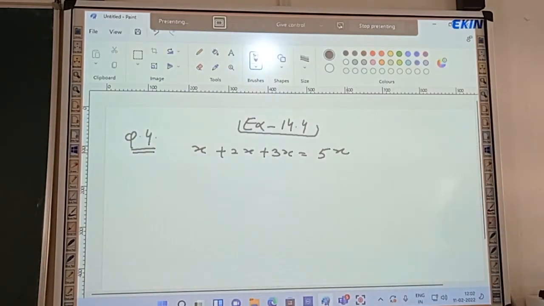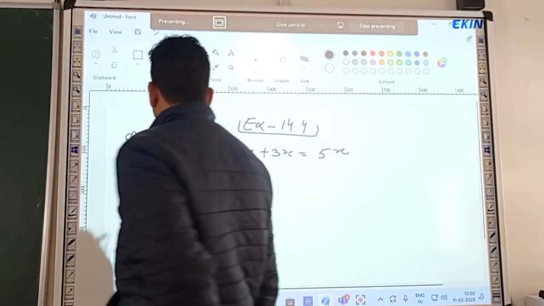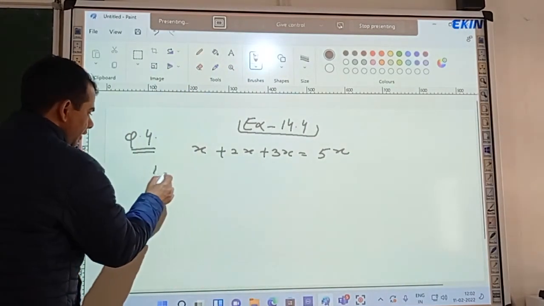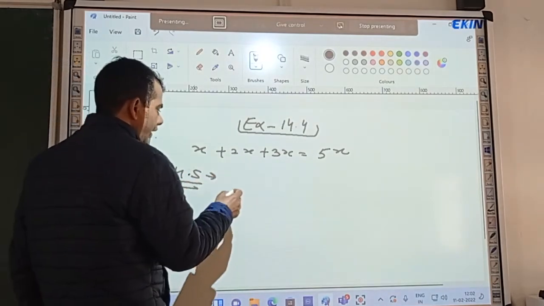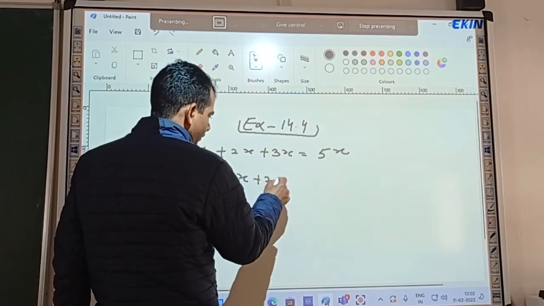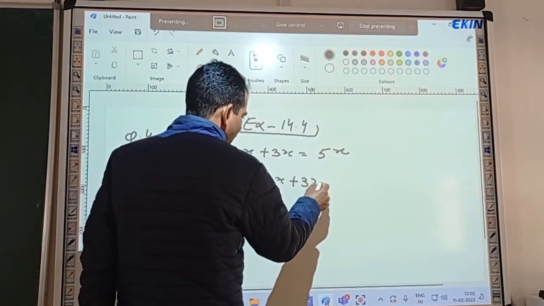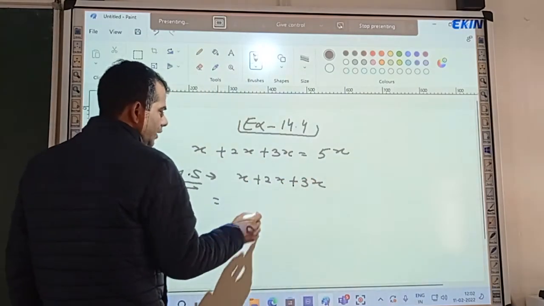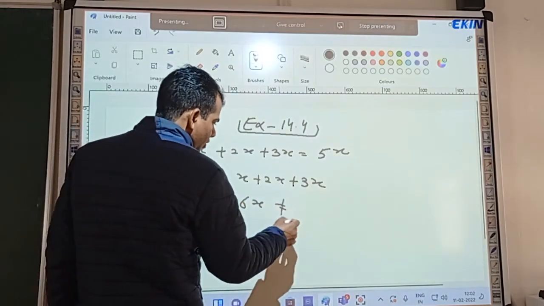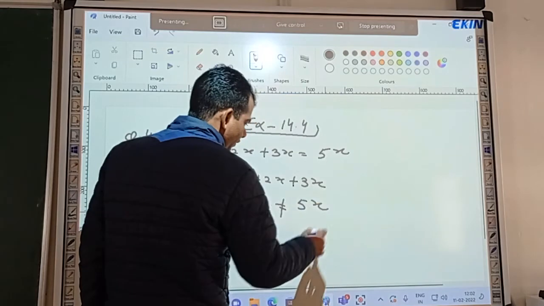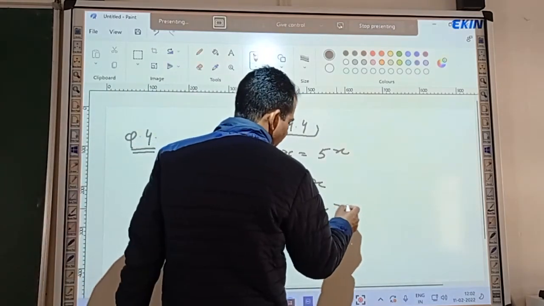Find and correct the error in the following mathematical statement. Left hand side: x plus 2x plus 3x, that is 6x. That is not equal to 5x, the right hand side.